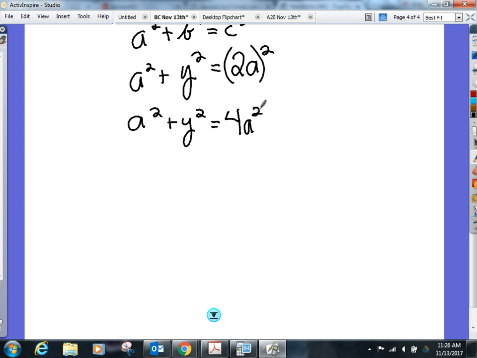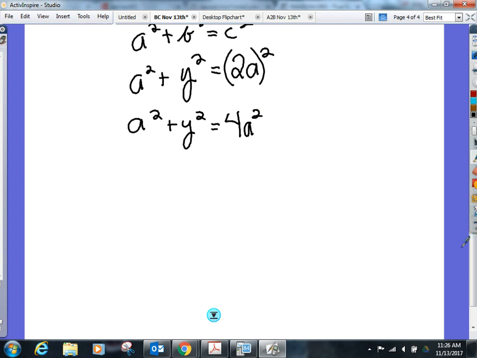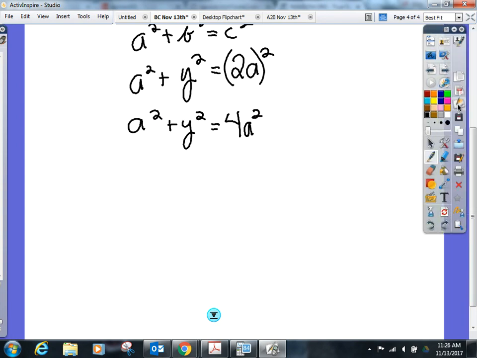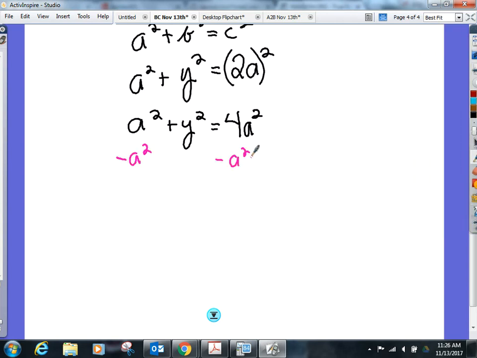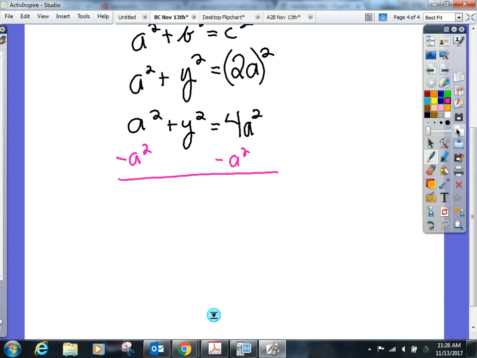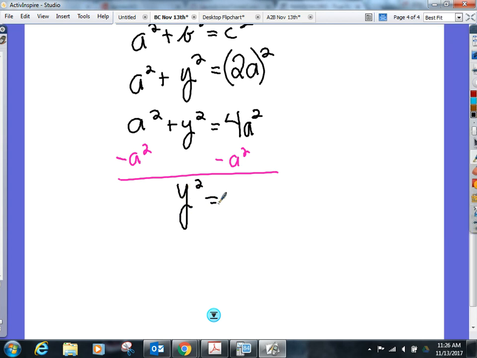Okay. What are we solving for? What are we trying to find the value of? Y, right? Well, I've got to get that out of the way then. How? Subtract it. Minus a squared. Minus a squared. Oh boy, I'm really nervous to ask this question now. 4a squared minus a squared.